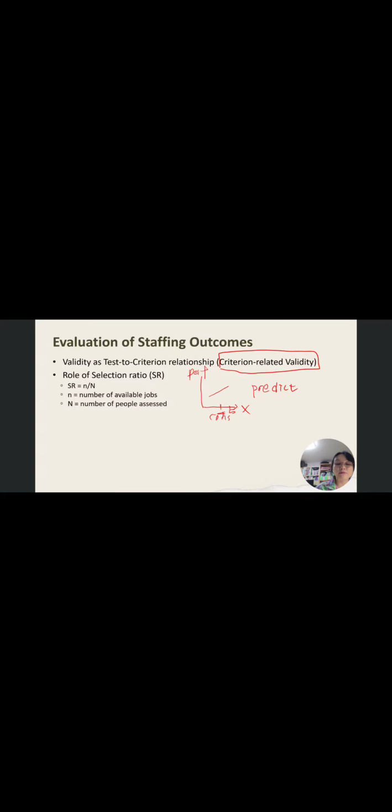Do you remember the first week we drew the regression line, the simple regression line, so that we can calculate the expected Y score based on the score on X?